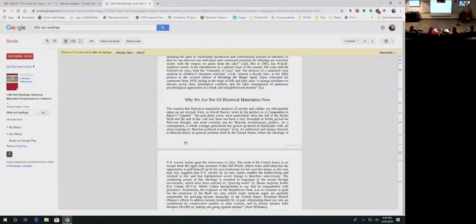First, in his preface to a companion to Marx's Capital, the past 30 years, most particularly since the fall of the Berlin Wall and the end of the Cold War, have not been a very favorable or fertile period for Marxian thought, and most certainly not for Marxian revolutionary politics. So the material conditions for even talking about Marxism are not positive.